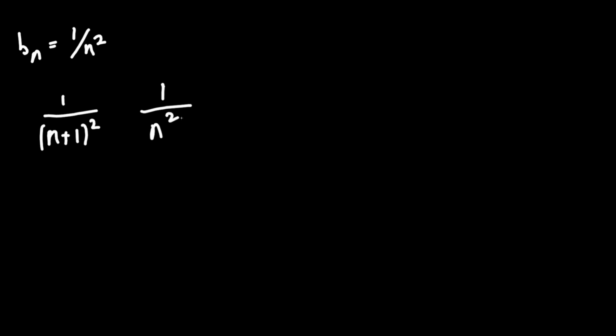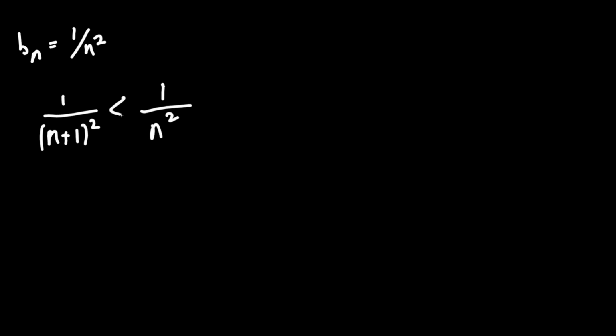So if we look at it, since the number in the denominator is going to be bigger on the next term, that means that the number is actually going to be smaller. So 1 over n squared is going to be a bigger number. So this means that it is a decreasing function, and it's always decreasing.